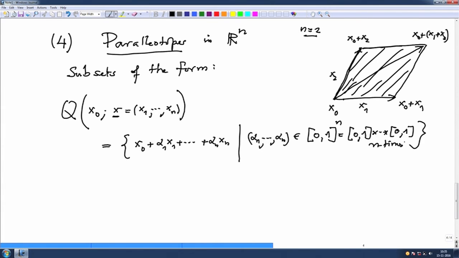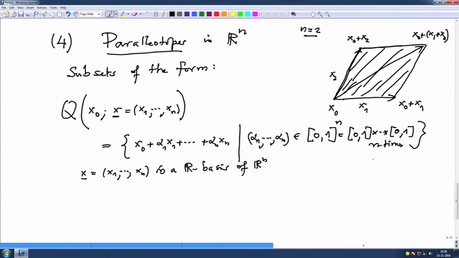This is a parallelotope in Rn, where x1 to xn is an R basis of Rn. You see here, this is x1 and this is x2. If x1 and x2 are in the same line, that means they are linearly dependent and it will not be a basis.